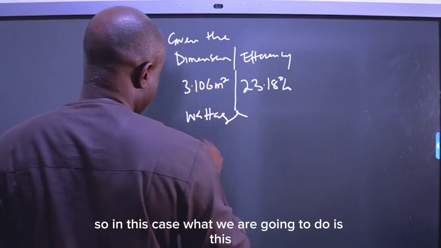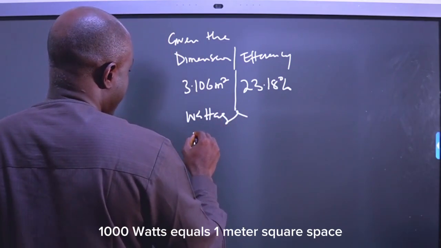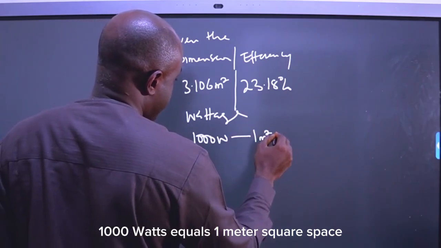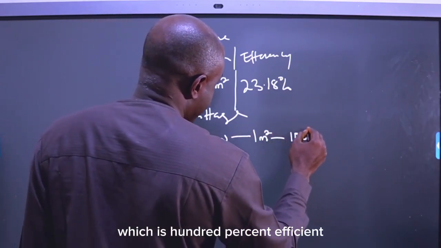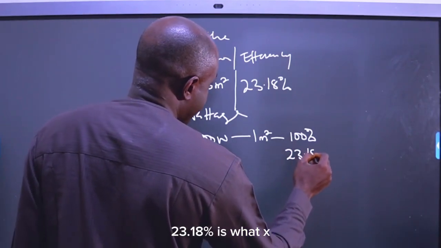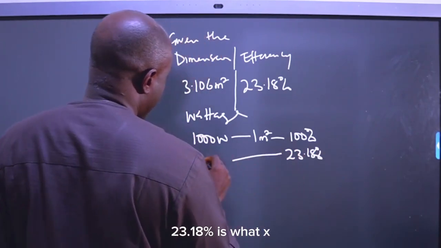In this case, what we are going to do is this. 1000 watts equals 1 meter square space, which is 100% efficient. 23.18% is what?